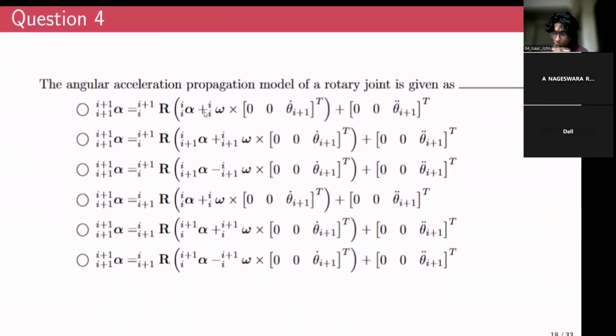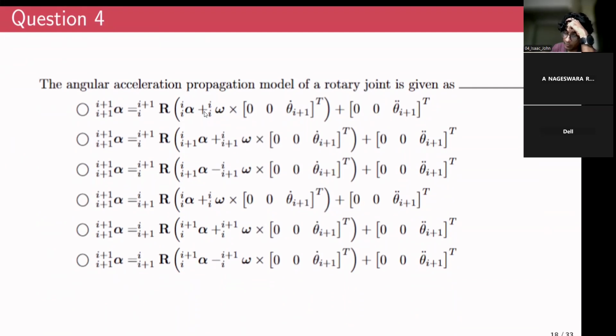Moving on to question 4, the angular acceleration propagation model of a rotary joint is given as. Again, you are essentially asked to reproduce a formula regarding the forward propagation of angular acceleration. Right?